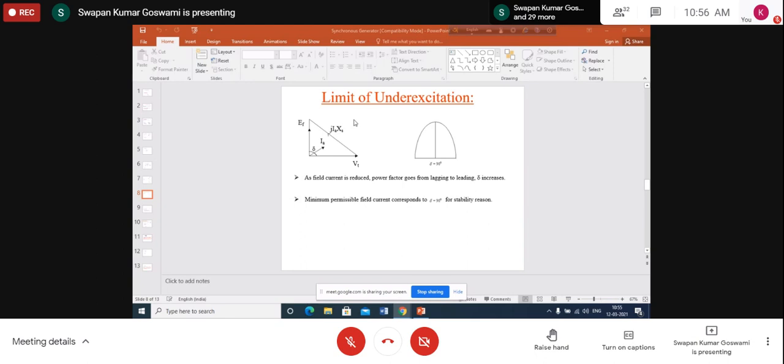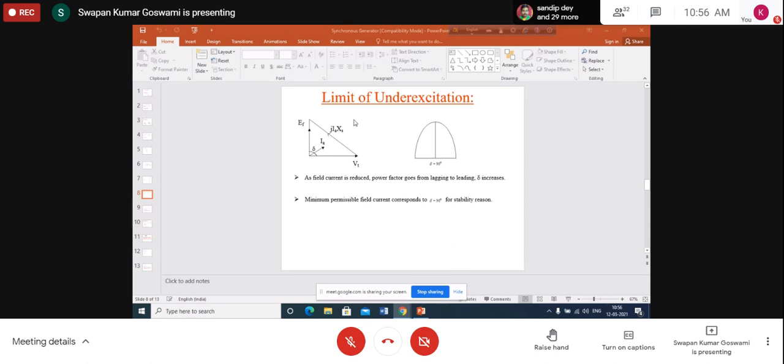Do you have any idea, or can you think of something regarding that? When will it be required? Anybody? A generator has to be overexcited means the generator should deliver reactive power to the system.